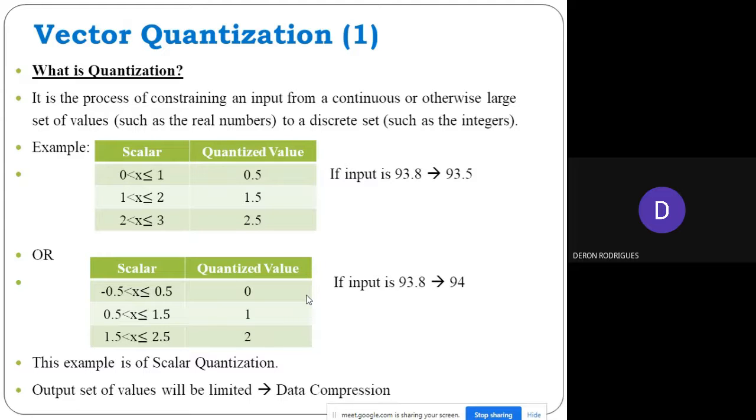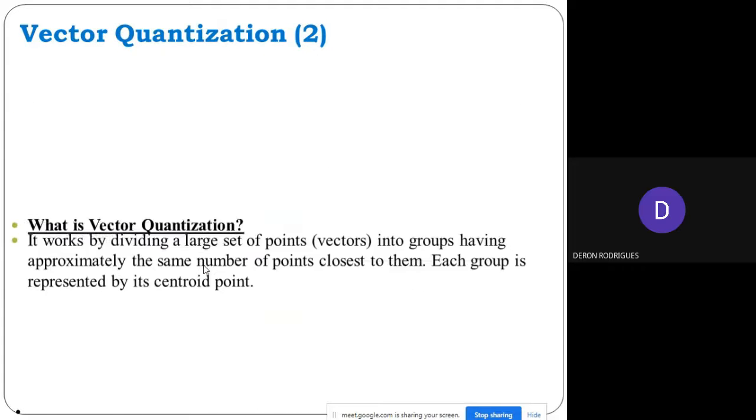Similarly, I can have a three-dimensional vector space, that is x1, x2, and x3, or four dimensions or any other dimension. Dimension refers to the features in the pattern space. So if you have a 2D pattern space, it is a 2D feature space, meaning you have two features. Moving on to vector quantization.